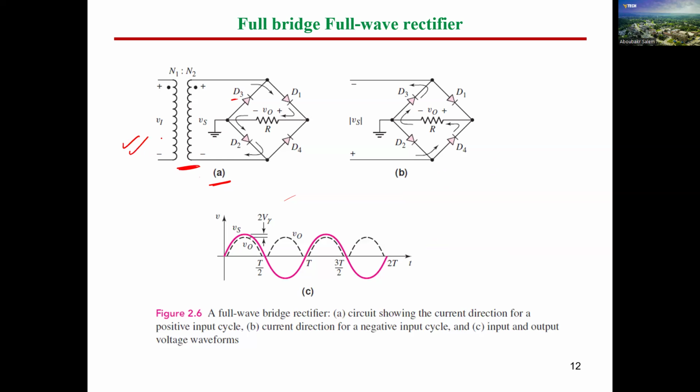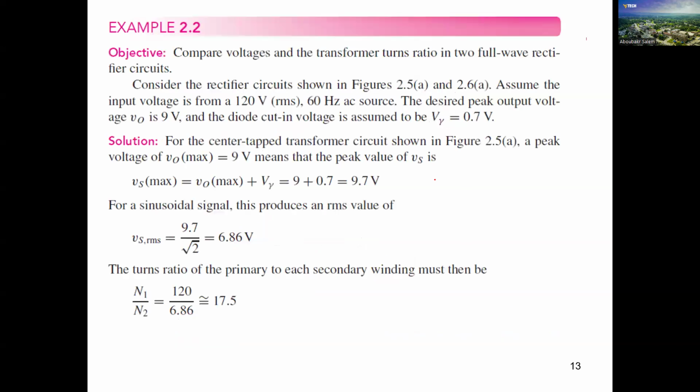Firstly, the diode is going to cost less because you have a lower voltage diode. You will have less losses, by the way, and at the same time, the transformer price is less. So we do prefer to use the full bridge over the center tap transformer.